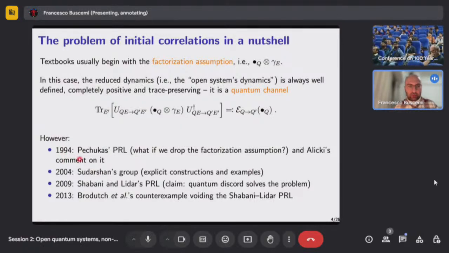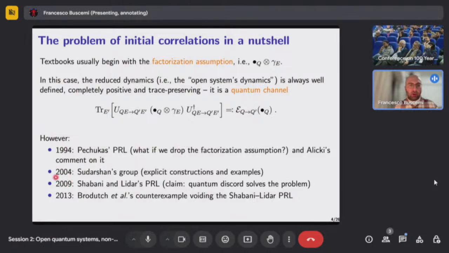Ten years after Pechukas' paper, Sudarshan and his group started constructing explicit counterexamples where you can have initial correlations between system and environment and yet come up with a well-formed quantum channel for the reduced dynamics.